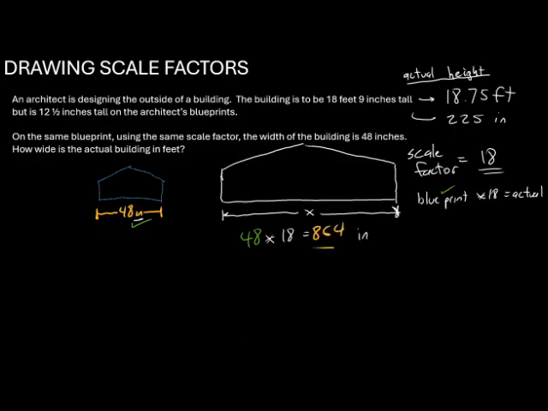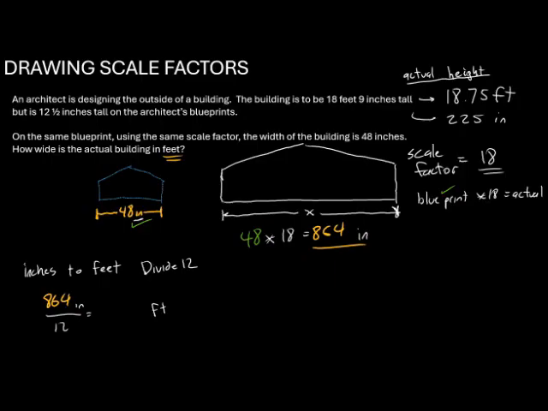This will be the actual building's length in inches, but notice the question did not ask us for inches. It asked us for feet. So now let's change the inches back to feet. Since 1 foot is divided into 12 inches, if we're going inches to feet, that means we're going to divide by 12. We'll take our 864 from the previous step, and then when we divide by 12, we will get feet.